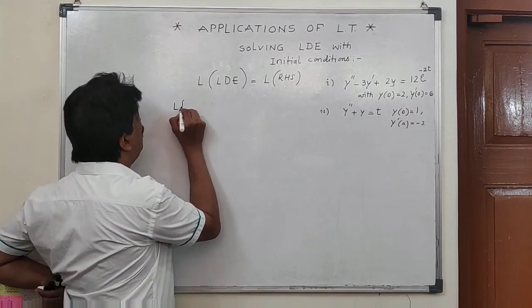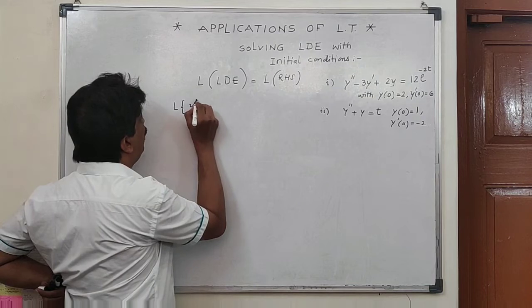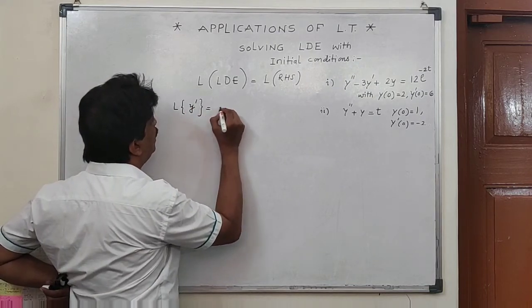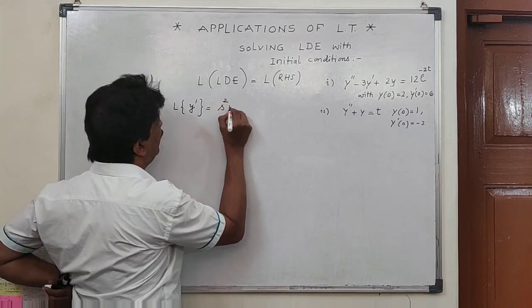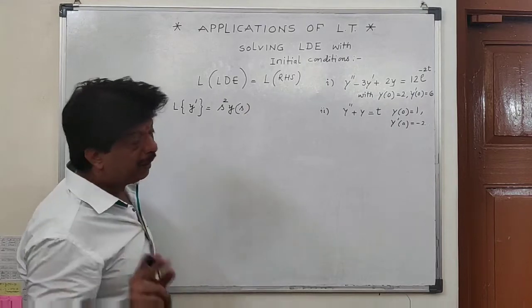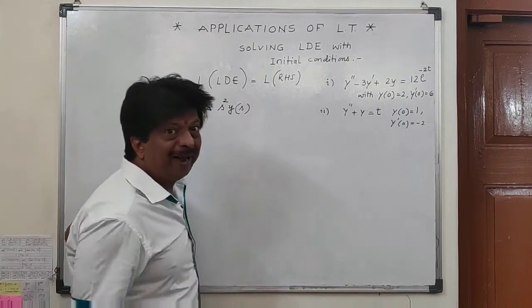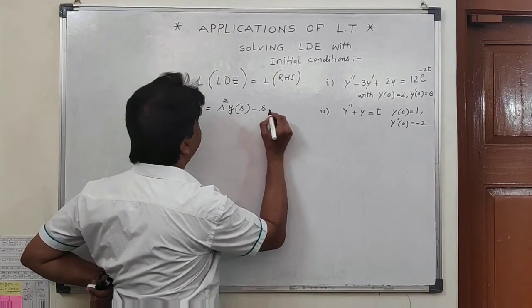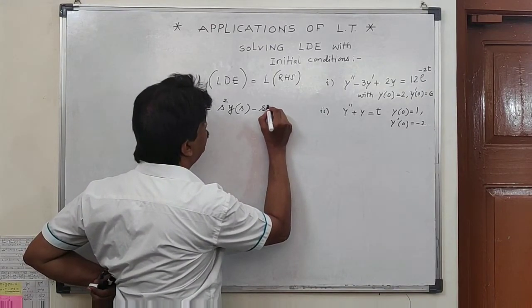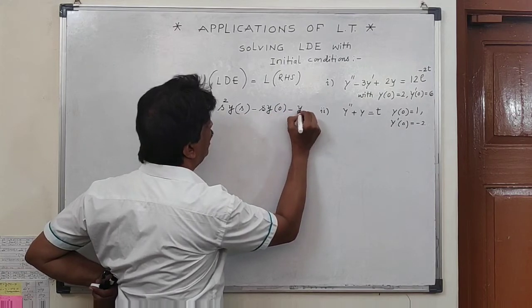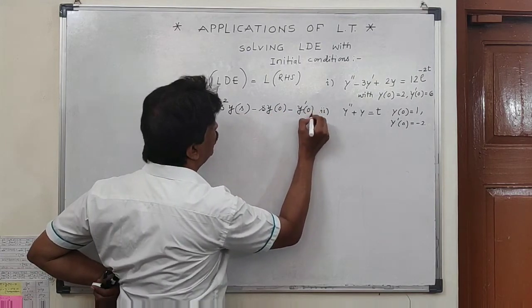Laplace transform of y double dash is equal to s square y of s, where y of s means the Laplace transform of y of t, minus s y of 0 minus y prime of 0.